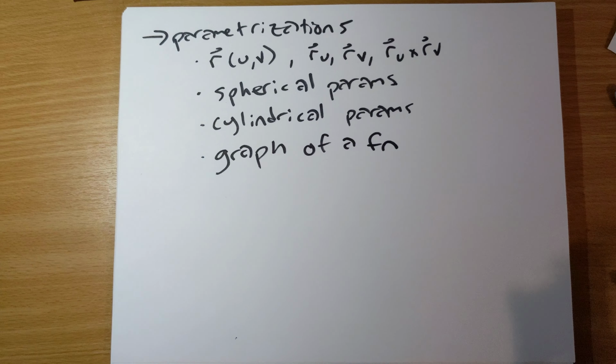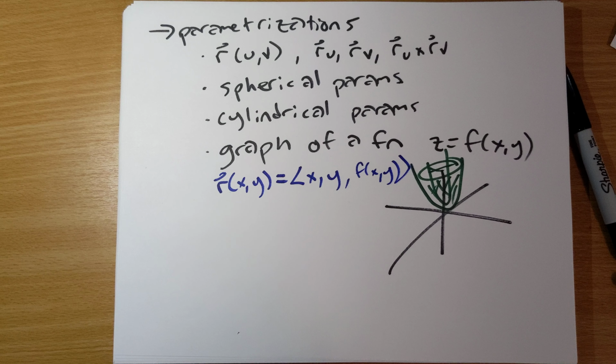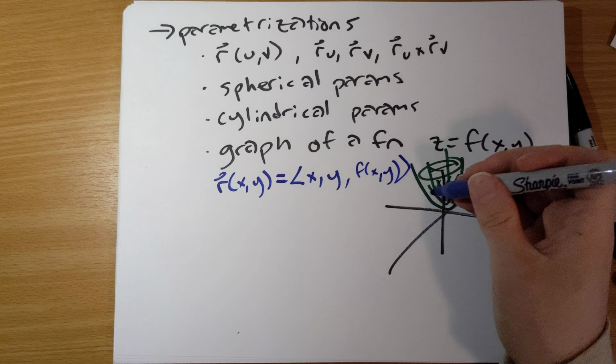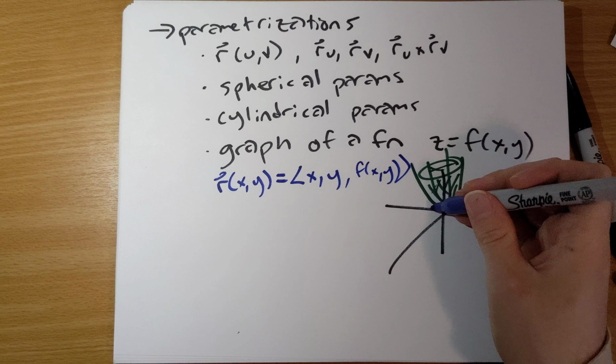X is just x, y is just y, and then the z coordinate is whatever the function of x and y is. Then you'd integrate over some region in the xy plane that would correspond to the shadow of the region that you're talking about. Okay, so r of x comma y here is x, y, f of x, y.